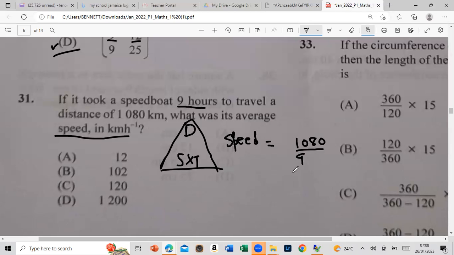Let's just divide it there, guys. 9 into 108, 1 times 9 gives you 9, carry down the 8, yeah, it's 120. So it would be C, 120 kilometers per hour.